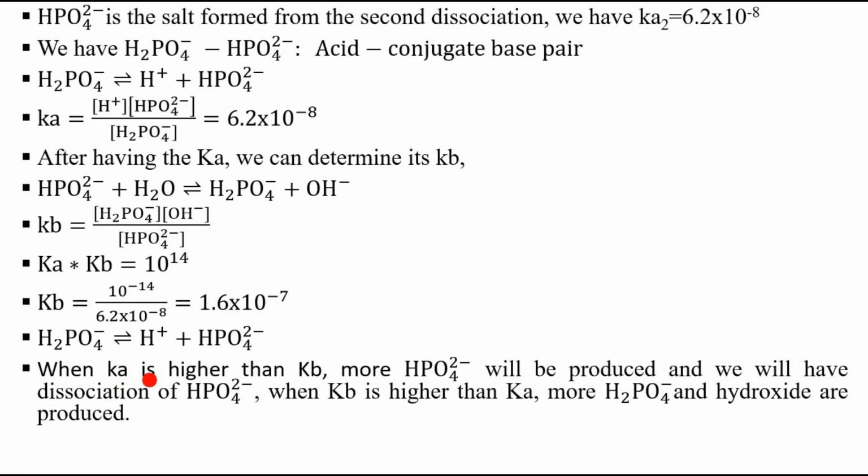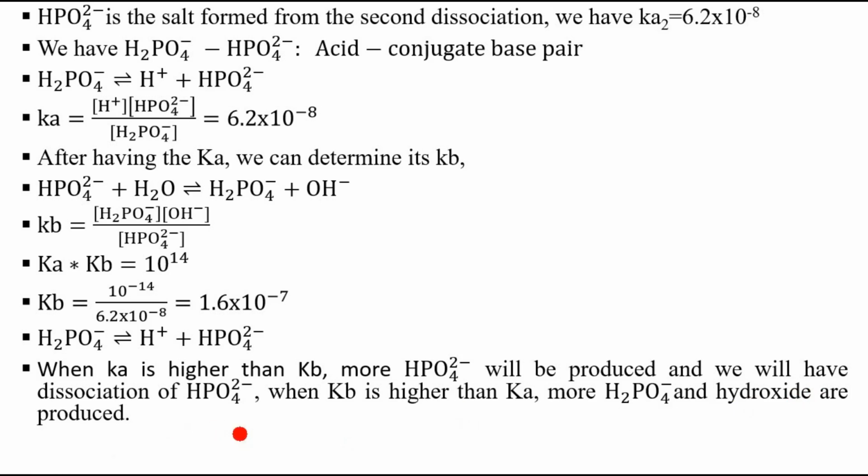For example, this system will have Ka equal to 6.2 times 10 power negative 8, and Kb equal to 1.6 times 10 power negative 7. When Ka is higher than Kb, that means more of this one will be produced. When Kb is higher than Ka, that means we have more of this one, and hydroxide is produced.